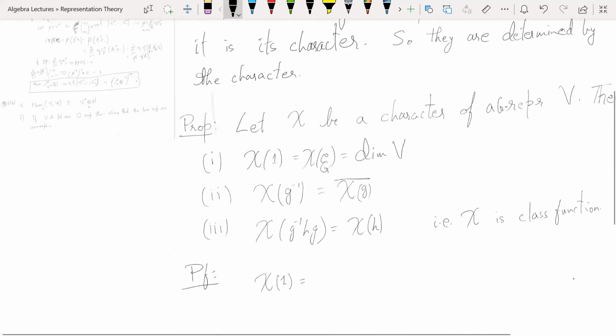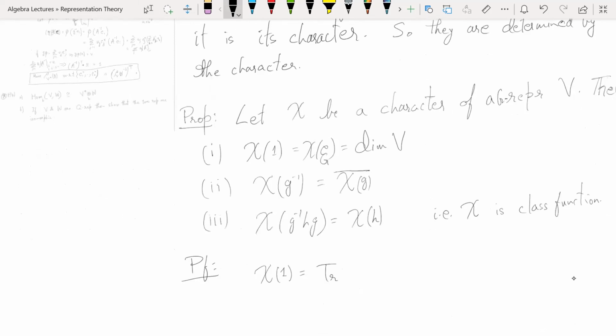It's the trace of rho V of 1, which is the trace of the identity, since rho V is a group homomorphism, the identity element of GL(V), which is the identity of V. So you get the identity matrix, and you just add up the diagonal entries, which are all 1.